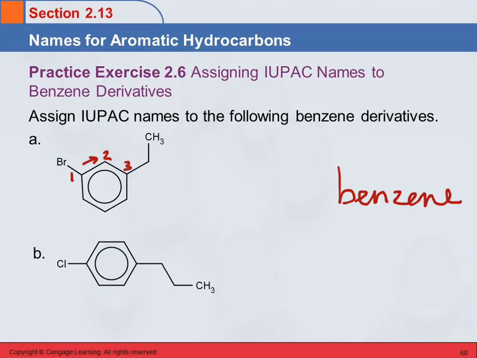So we'll list the first alphabetical one first, 1-bromo, and then that's an o, and 3-ethylbenzene. Does that make sense?